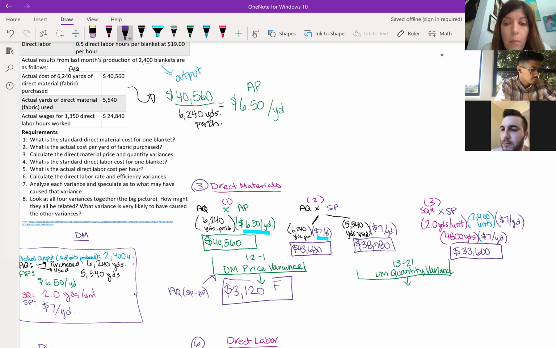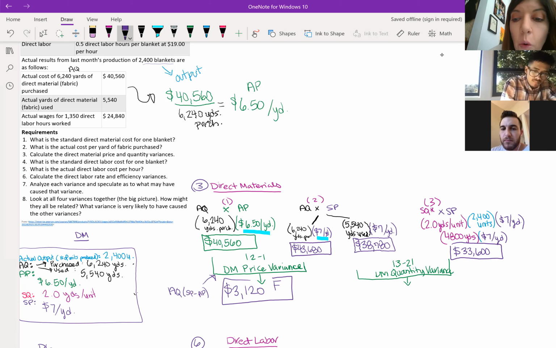You actually paid 38,780, right? Based on your yards used. So you should have used 4,800 yards. You actually used 5,540 yards. So your quantity variance is going to be unfavorable.